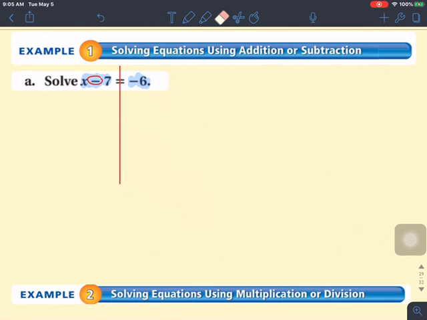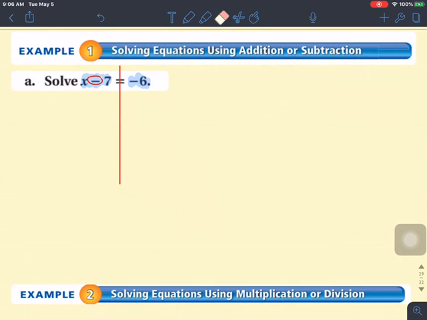Our goal in algebra is to isolate the variable, so we have to mathematically remove the numbers around the x. In this case, it's minus 7, so we want to get rid of it. But because it's a balanced equation, like 2 equals 2, if I do anything on the left-hand side, I have to do the exact same thing on the right-hand side so it's still a true equation.